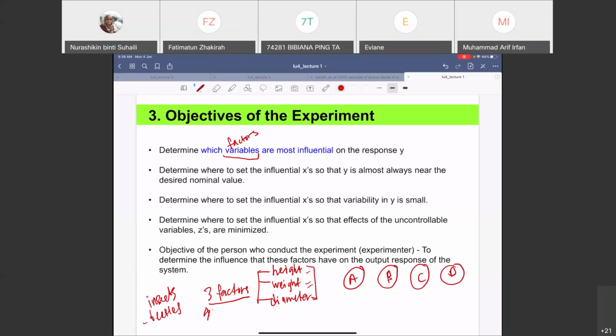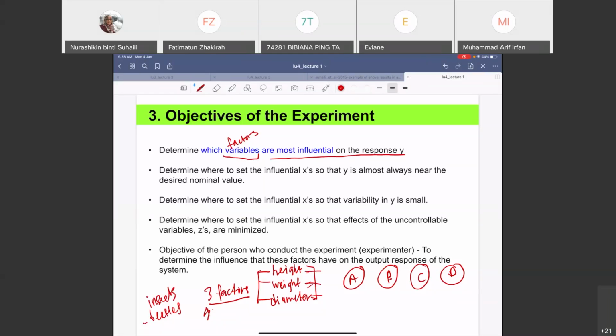That is what is meant by the most influential on the response Y. Of course, you have three responses because each of the factors would have its own response, right? But you want to analyze between these three factors, which one will give the most significant difference.